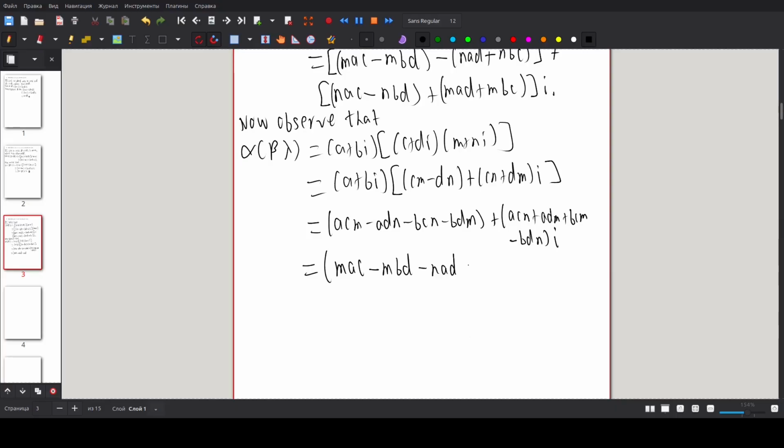Minus NBC plus, if we want to match this up, ACN is NAC. We can move this and rearrange it. NBD plus MAD, yep, that's MAD plus MBC. And that is the same thing as alpha, beta, lambda. So we are done. That one, I was a bit sloppy.